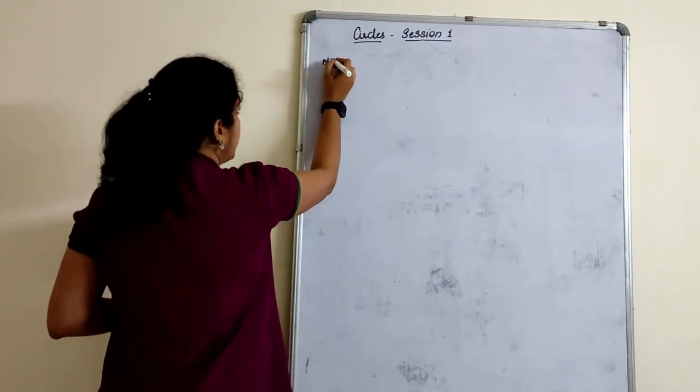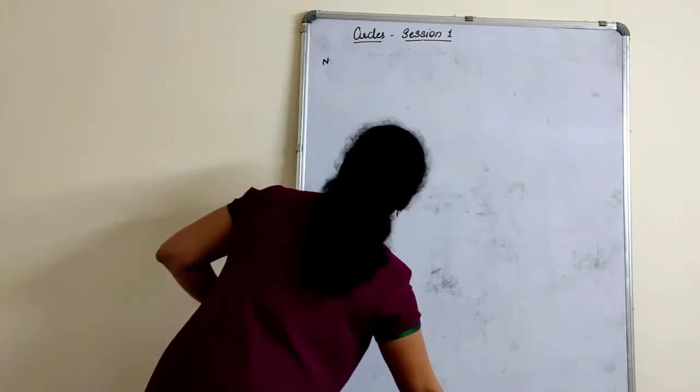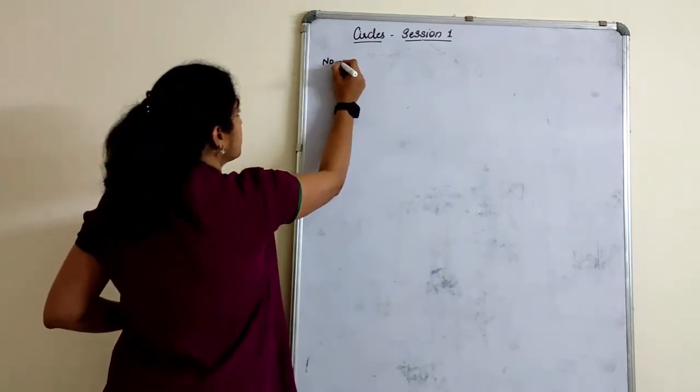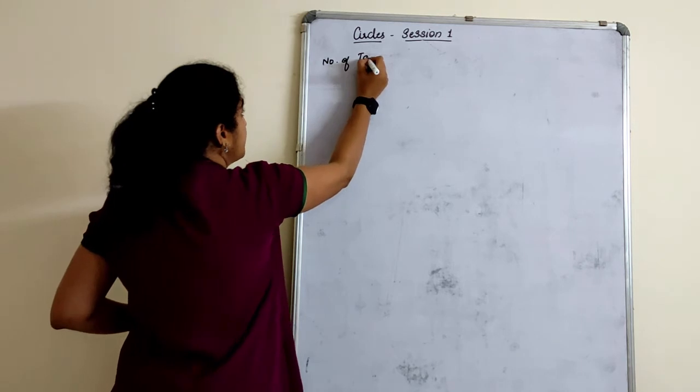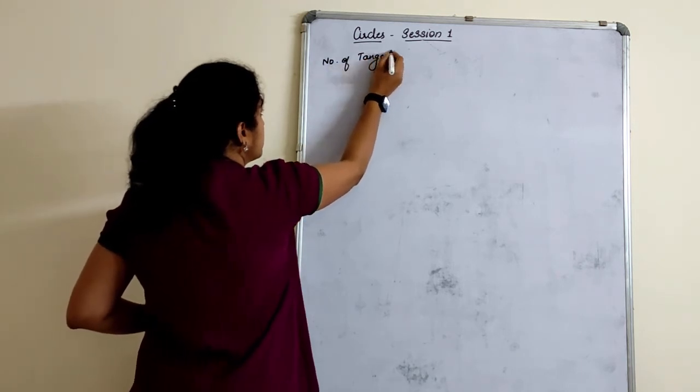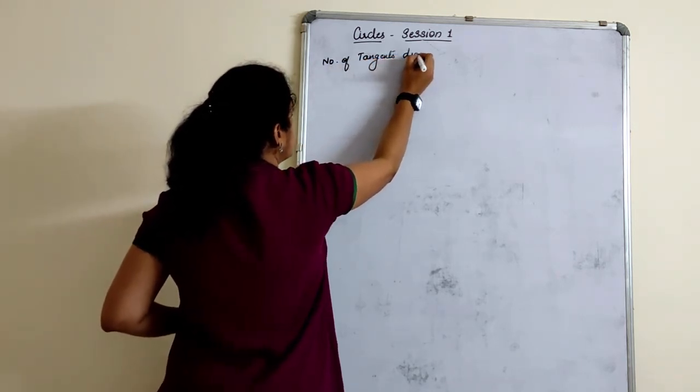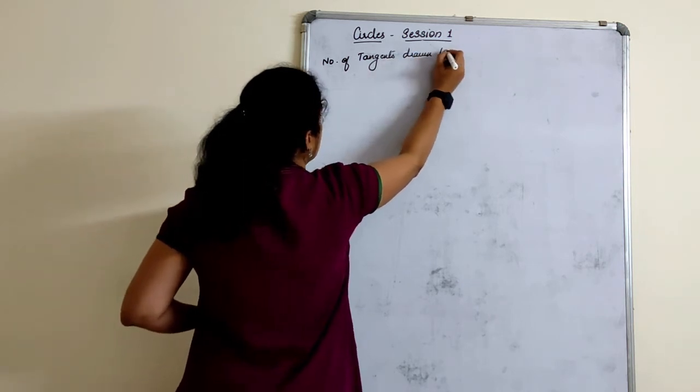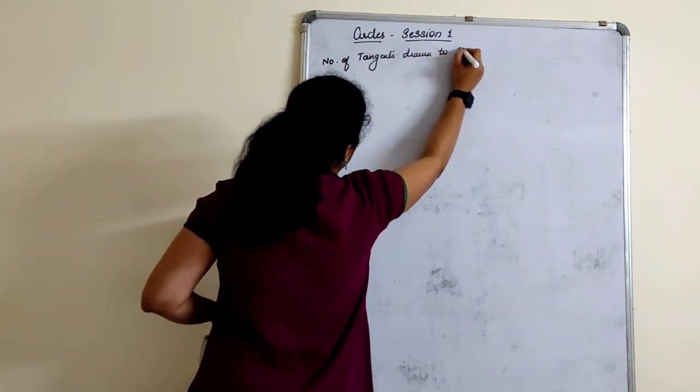So for the number of tangents, we just keep the heading here: number of tangents drawn to circles.